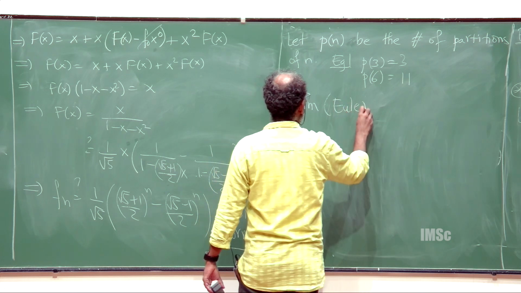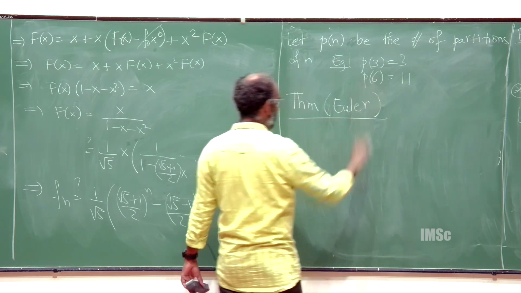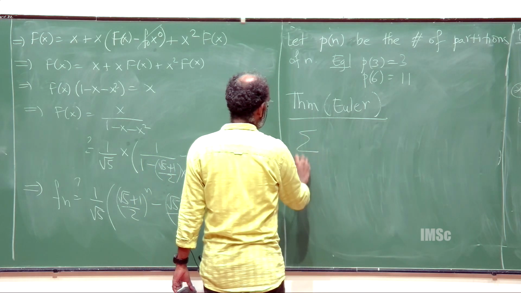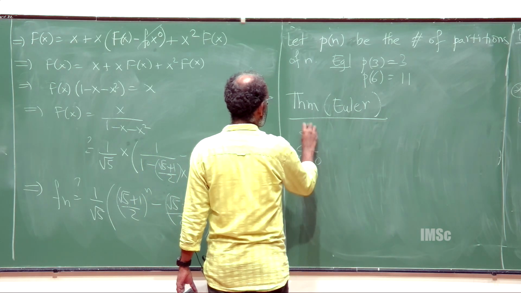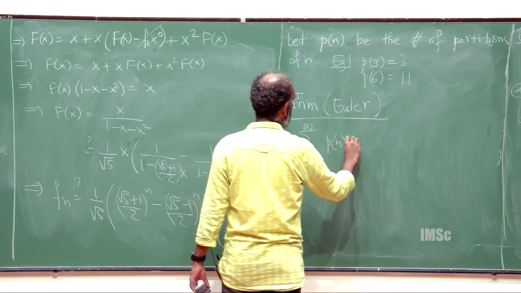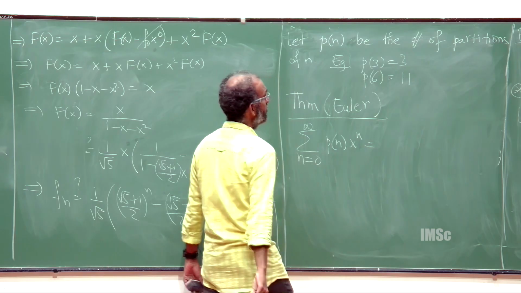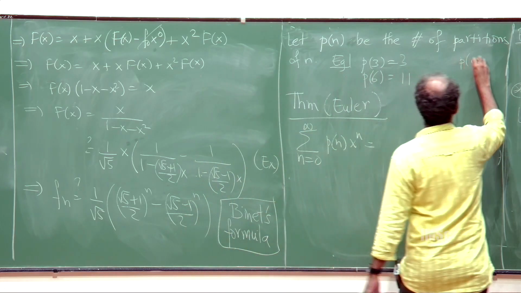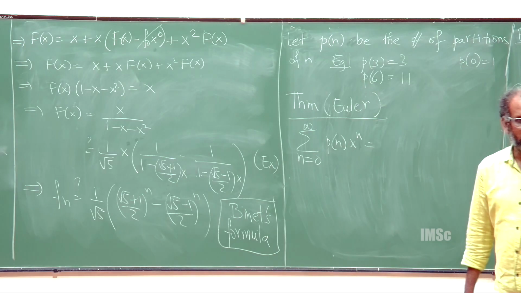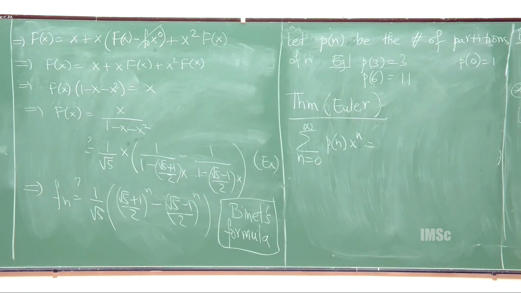Long time ago, I mean I'm not writing 1800 whatever. So the generating function, the sum over n equals 0 to infinity of Pn x to the n. We'll take P0 equal to 1, by convention. So there's a silly way of saying this.